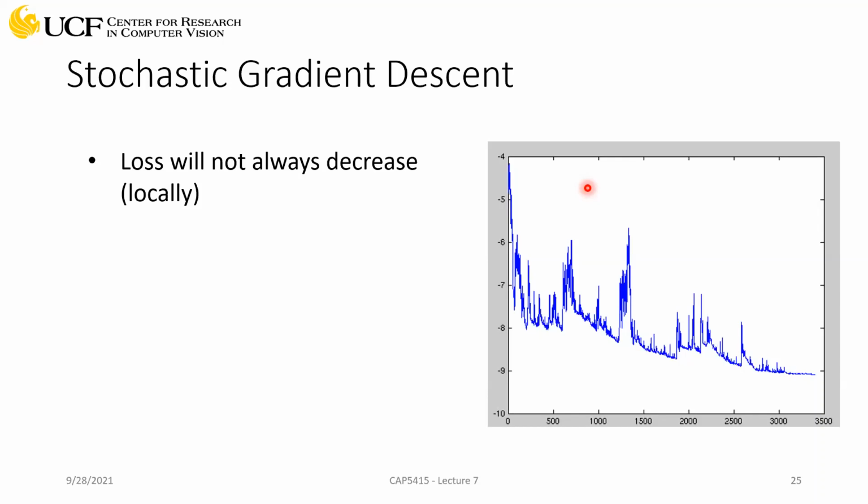But then in the next epoch or the next iteration, when you see samples from a different class, it might go in a different direction. So then your curve will not converge very well. So ideally you should have samples from most of the classes to make a good educated guess about which direction your network should go.